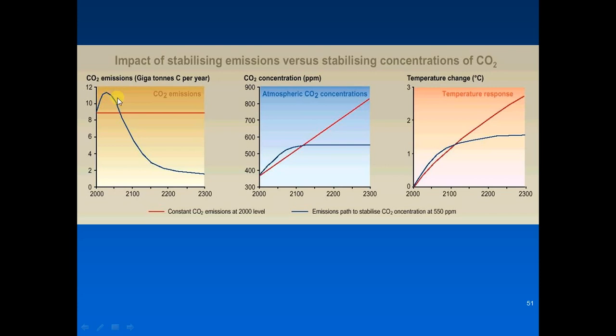By 2100, they're down to 5 gigatons of carbon per year. We're at about 10 in 2016. So they go from 10 gigatons of carbon per year of carbon dioxide emissions in 2016 to 5 gigatons of carbon per year in 2100, with further decreases afterward.